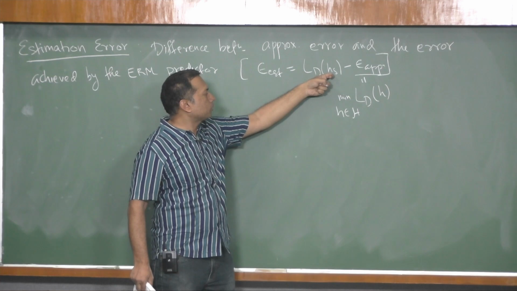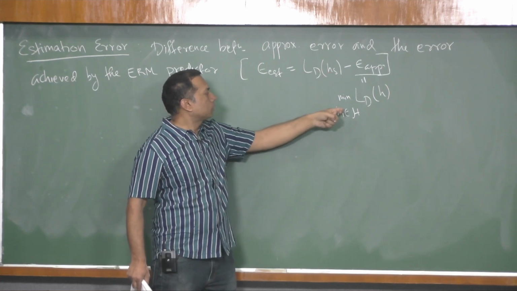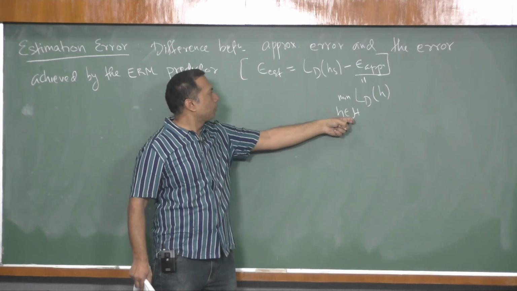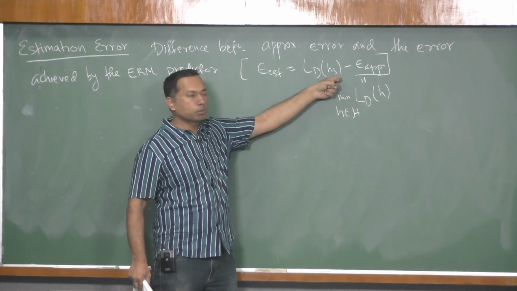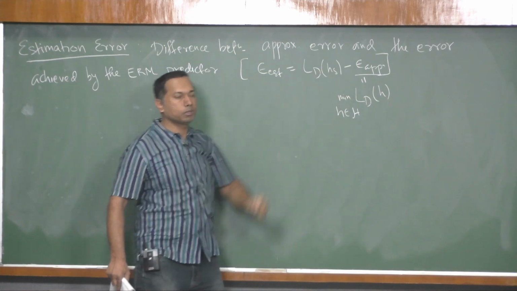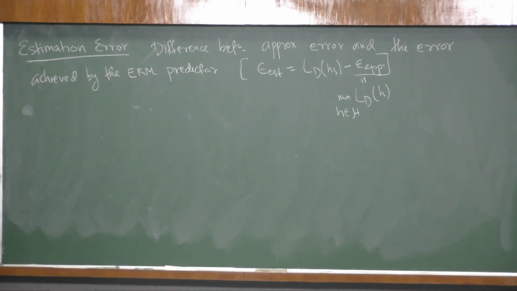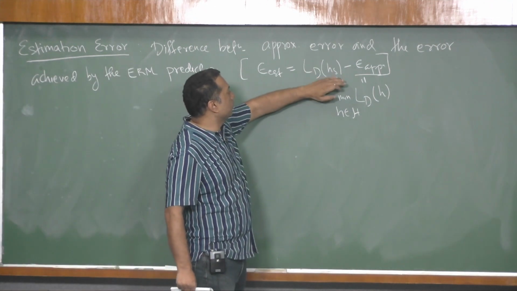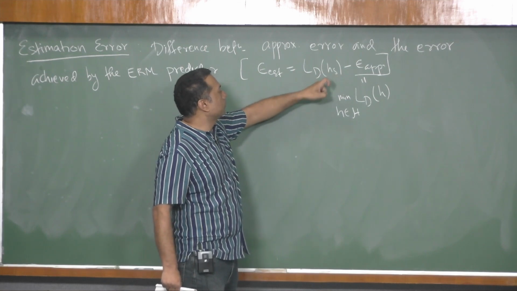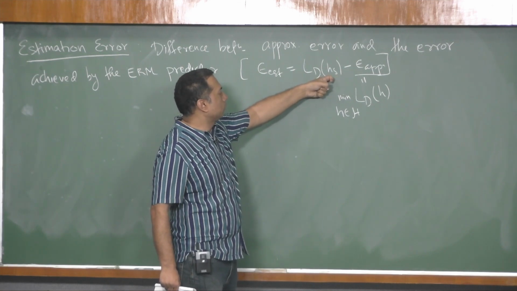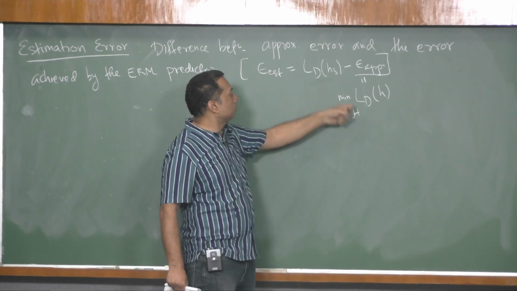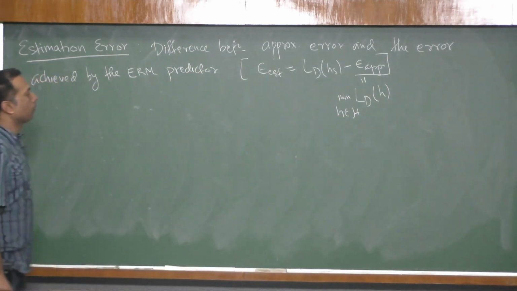It got h_S, which is suboptimal compared to what I could have got ideally. It could be because the sample was not good, or the optimization method I used was not good. So it tries to characterize the difference between what I got from the training, the predictor I learned, and what could have been possible ideally.